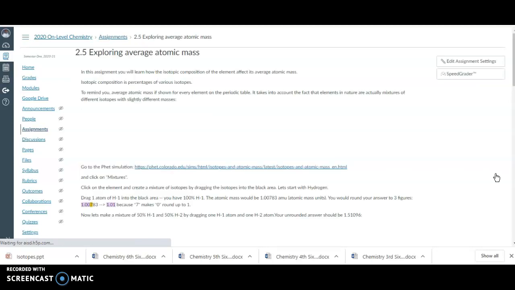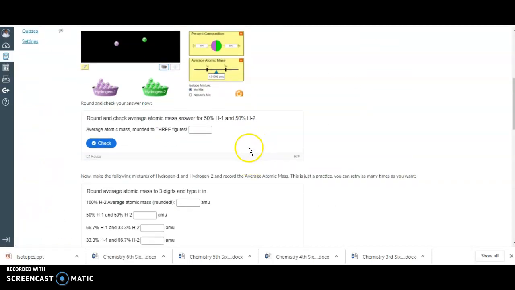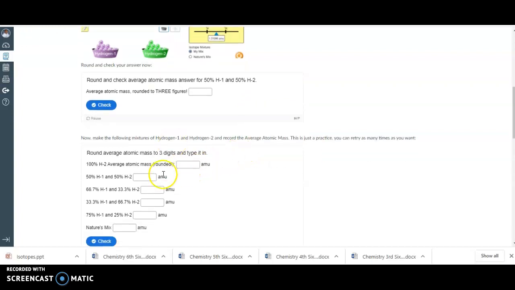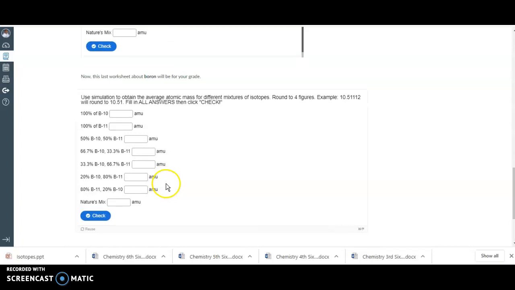That will lead you to exploring average atomic mass. This is one of the major parts of today's lesson. You've been able to calculate the average atomic mass of an element. So you're going to use this simulation. Click on this to open it in a different window, and then you're going to use that to complete these different activities.